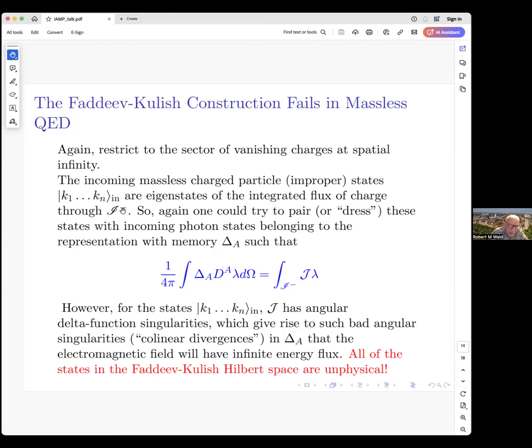For no good reason, I've switched to scri minus here, talking about the incoming states rather than outgoing states, but the story is exactly the same. This has angular delta function singularities.